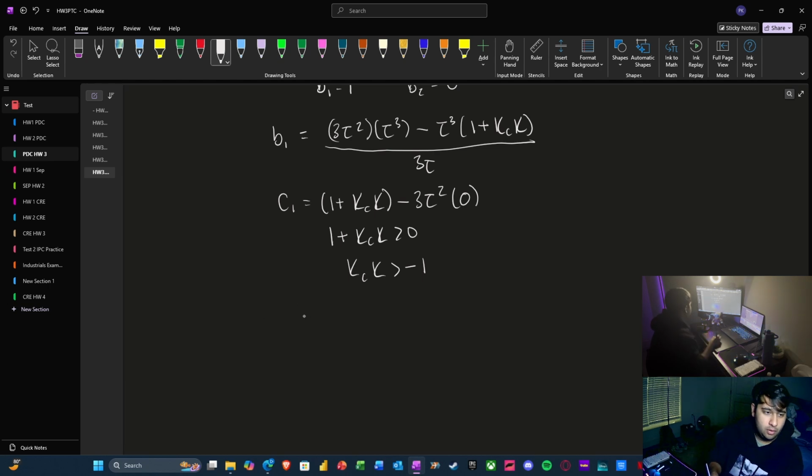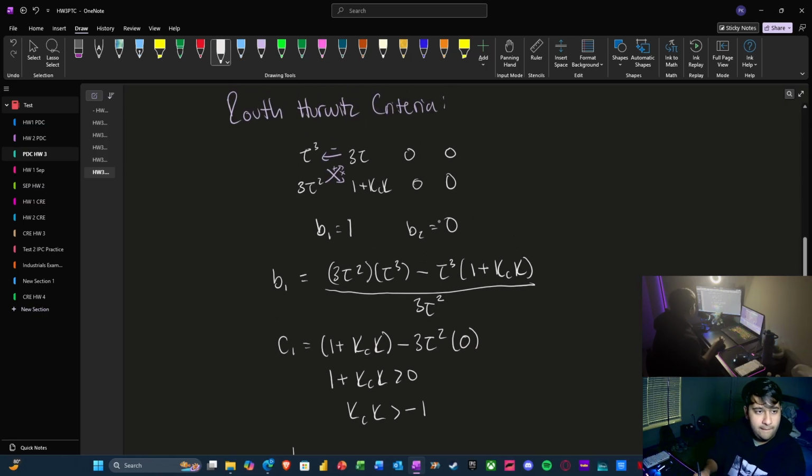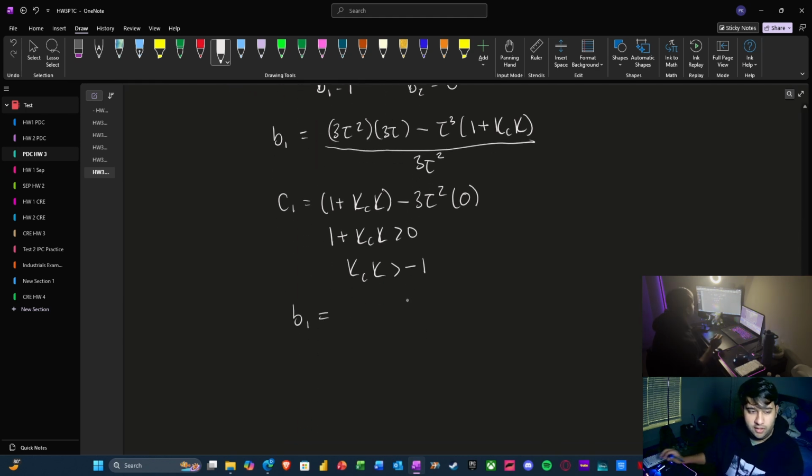And then back to our B1 equation, we want to go ahead and simplify that down. So when we simplify it, I believe this is supposed to be squared, and yep, it's supposed to be multiplied by 3 tau. I'll double check that in a sec.